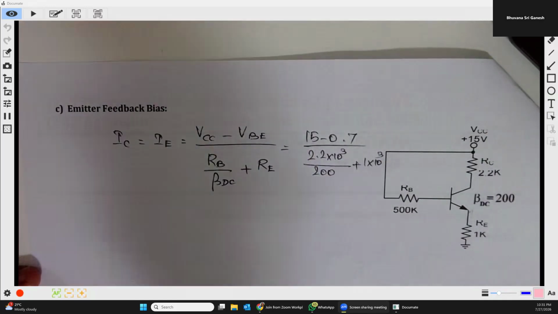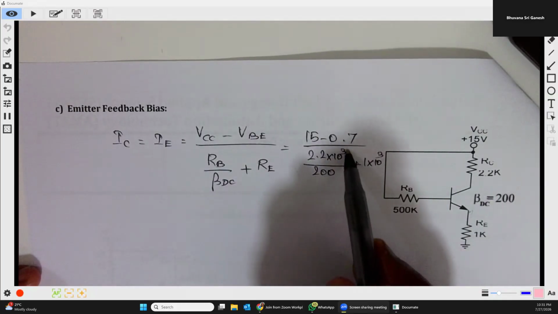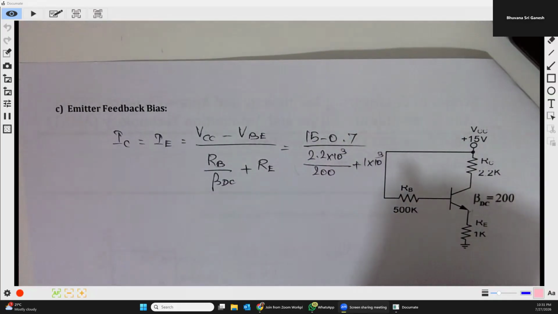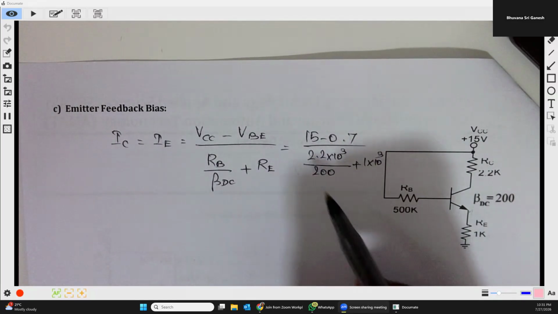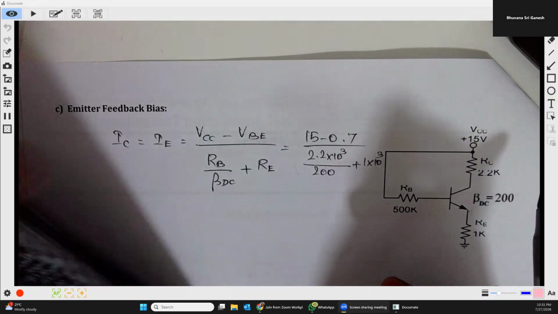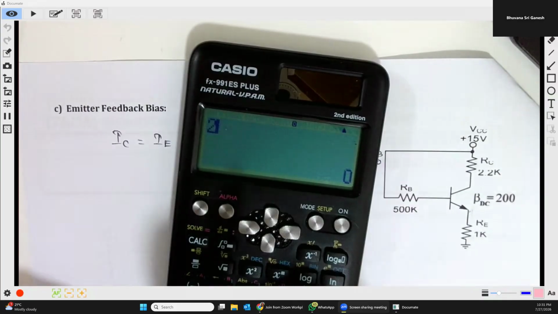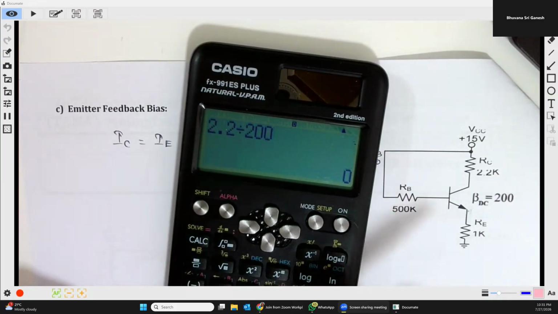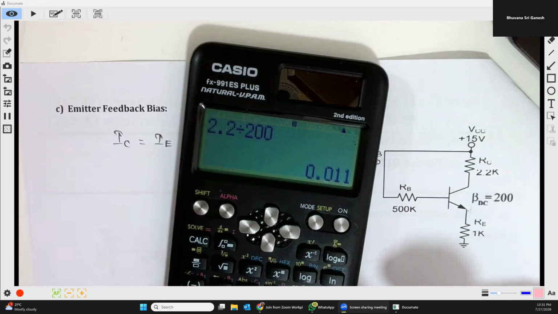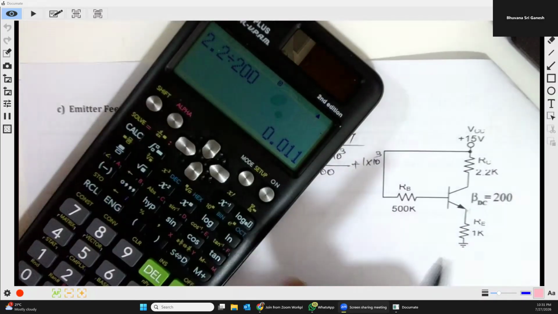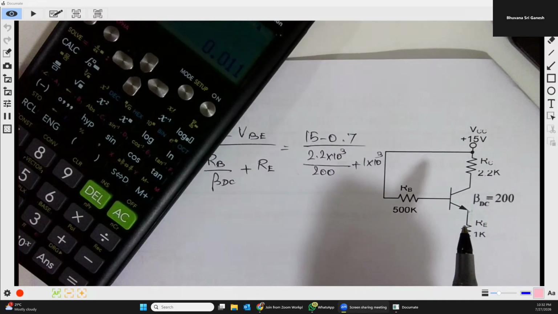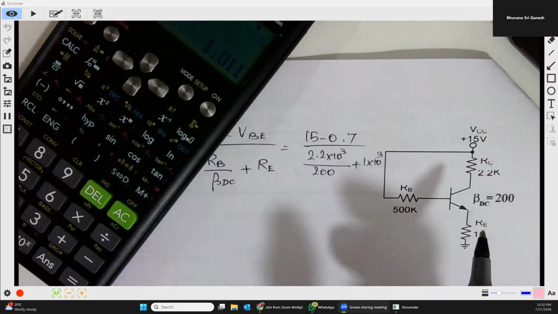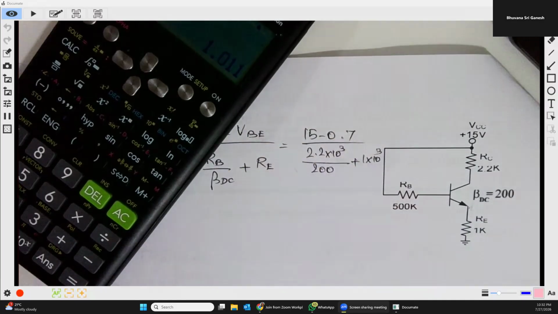Since these two terms are in addition with equal powers of 10, they can be added straight. On the calculator, 2.2 over 200 equals 0.011, plus 1 is 1.011 in the numerator.